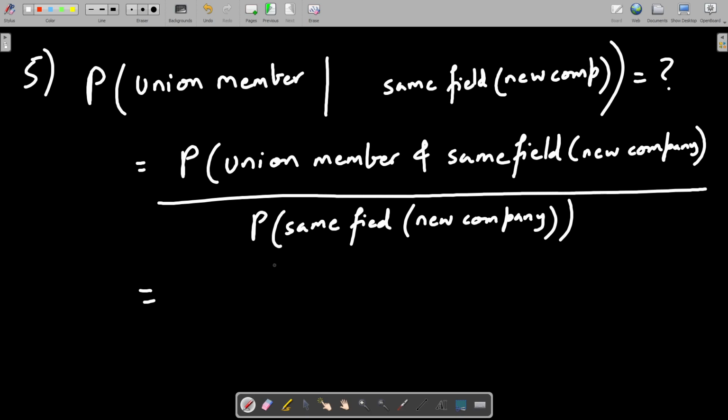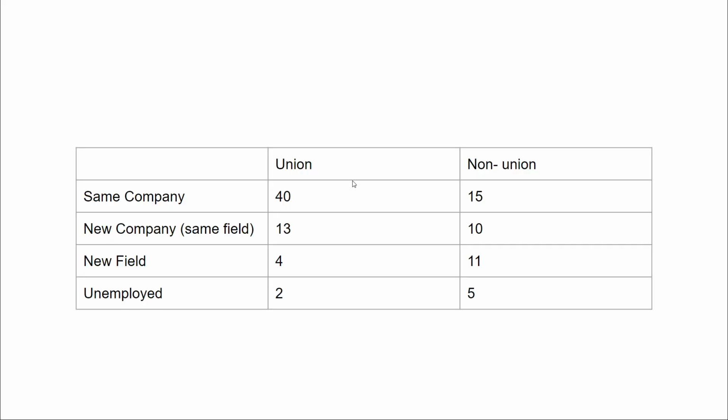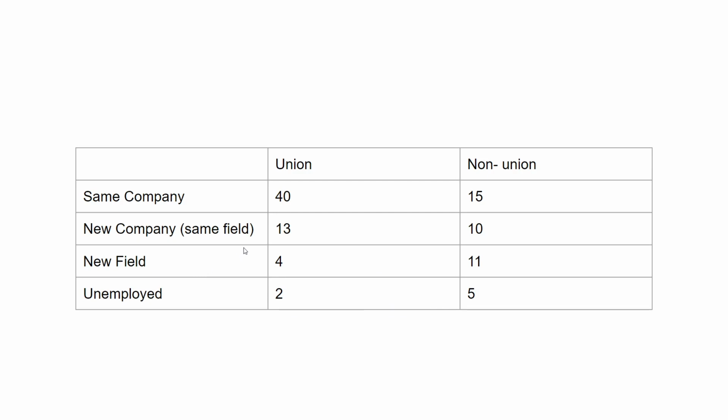Okay, so what is going to be the probability of the numerator? He's a union member and the same field. Okay, I'll go to the table now. What's the probability somebody is in the new company and a union member? 13, right?